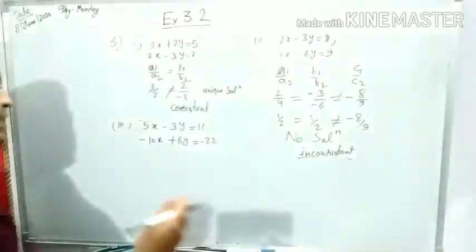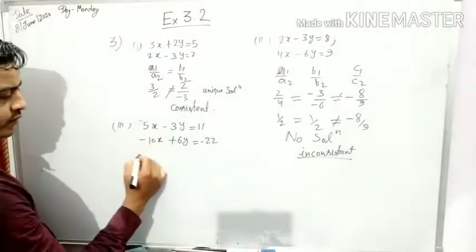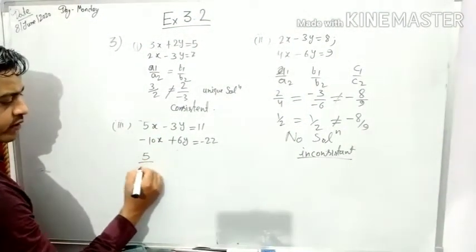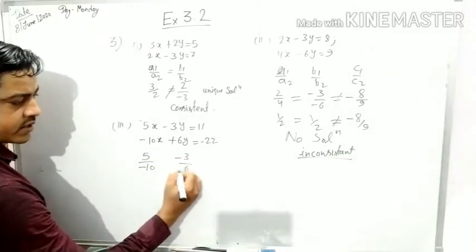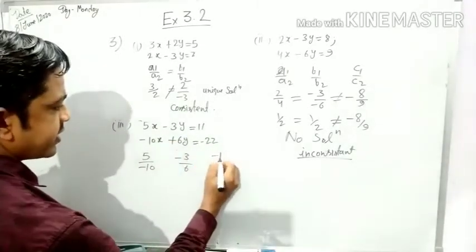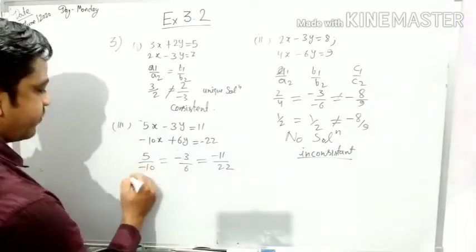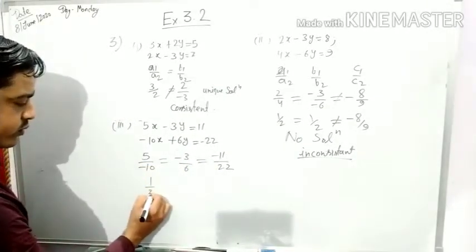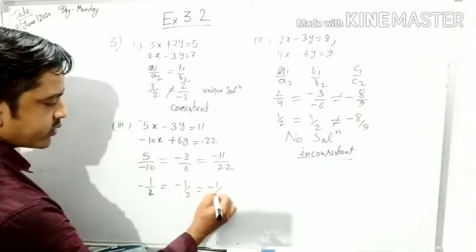Okay, let's have a look at the last one. In this case we directly compare the coefficients 5 upon 10 and minus 3 upon 6, and we bring it here, so minus 11 upon plus 22. Compare it: 1 upon 2, minus 1 upon 2 and minus 1 upon 2.